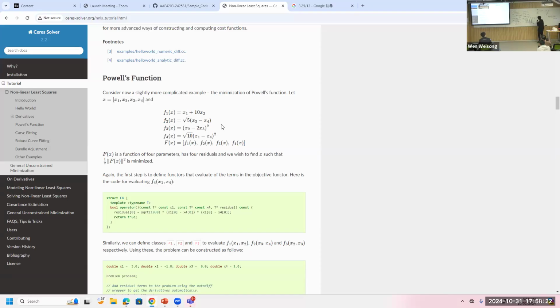The first part equals 1, then 0, 0. For the second equation, it's 0, 0, square root 5, minus square root 5, and this one should be 0. Sorry.